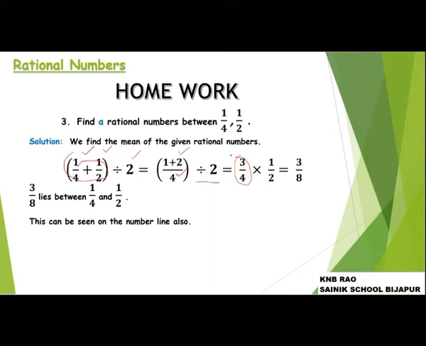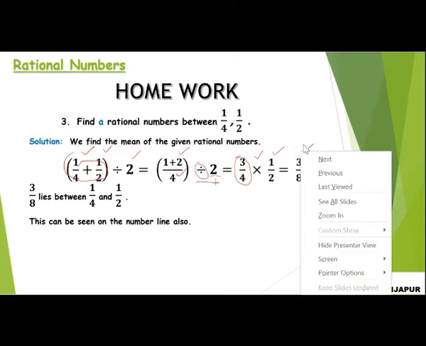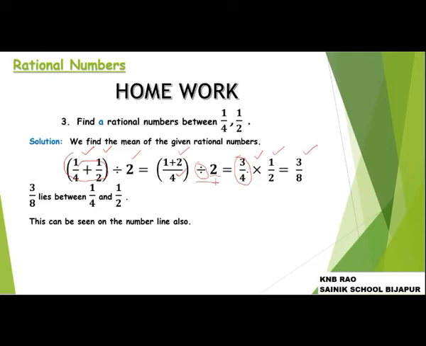You know how to divide a rational number by another rational number. You learnt reciprocating the divisor and converting the division operation into a multiplication operation. Now 3/4 divided by 2 becomes 3/4 into 1/2 and gives you the rational number 3/8. Now 3/8 lies between 1/4 and 1/2, which I can call the mean of 1/4 and 1/2.